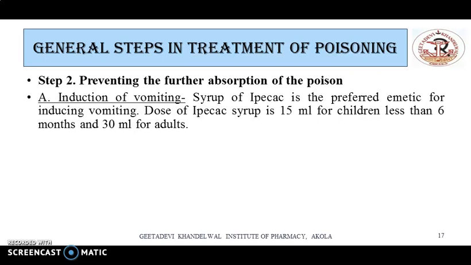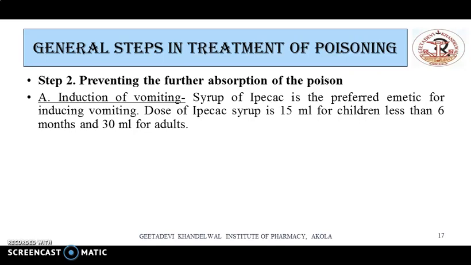But this emesis is contraindicated in certain cases, such as vomiting should not be induced in a comatose patient. If we induce it, then there is a chance that the content from the gastrointestinal tract may block the respiratory system. Emesis is also contraindicated in caustic poisoning and in petroleum distillate poisoning or aromatic substances.